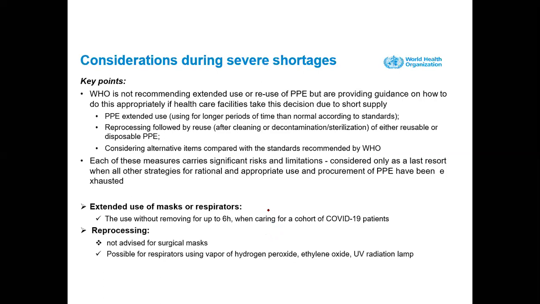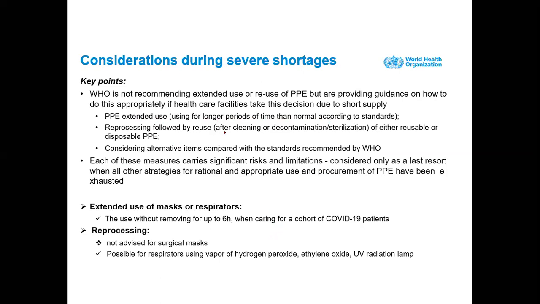So in order to avoid the shortage, we have some key points. PPE extended use, using it for longer periods of time than normal according to standards. لو كان في الأوضاع الطبيعية احنا بنستخدم الماسks for half an hour or 1 hour, we can extend to the maximum standard, for example, 2 hours.